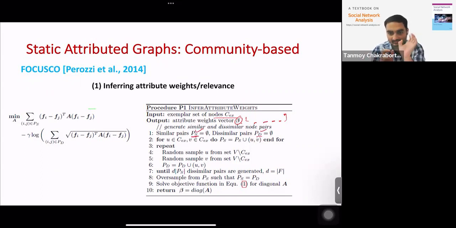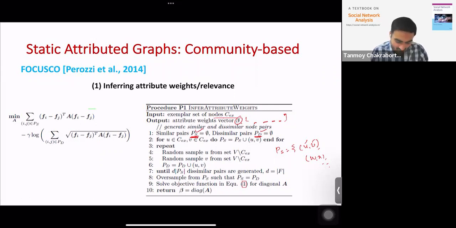So PS would be, for example, (U, V), (W, X), and so on, where these pairs are similar. So it is basically a set of pairs. Similarly, PD is also a set of pairs, pairs of nodes which are different, whereas PS has pairs of nodes which are similar. We will populate this PS and PD.